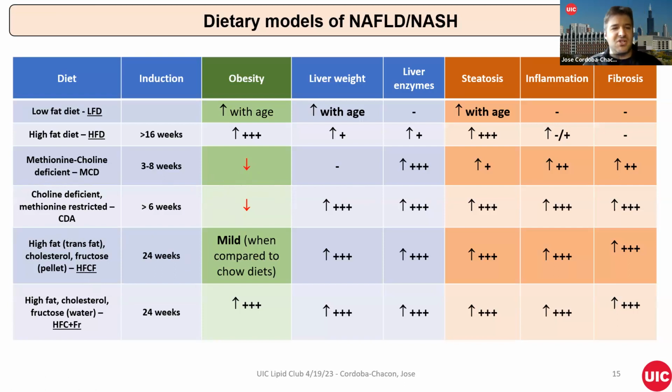They have a combination of high fat from different sources. They have cholesterol in the diet, and they also have fructose, all of which are going to add more toxicity. They are going to maintain or increase body weight, and they definitely develop a human-like NAFLD phenotype.